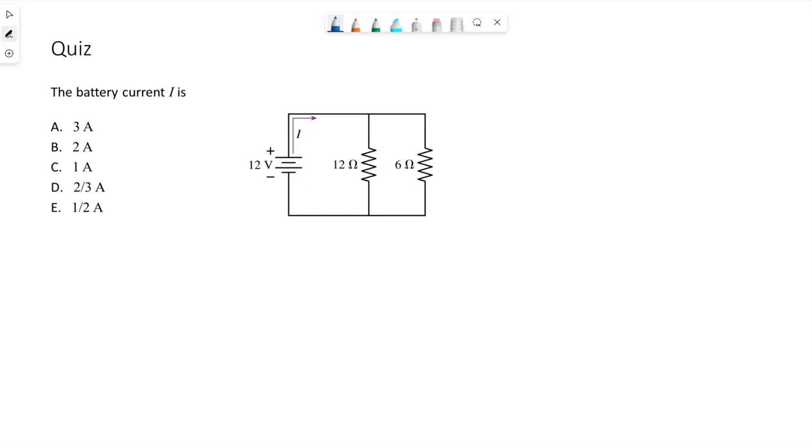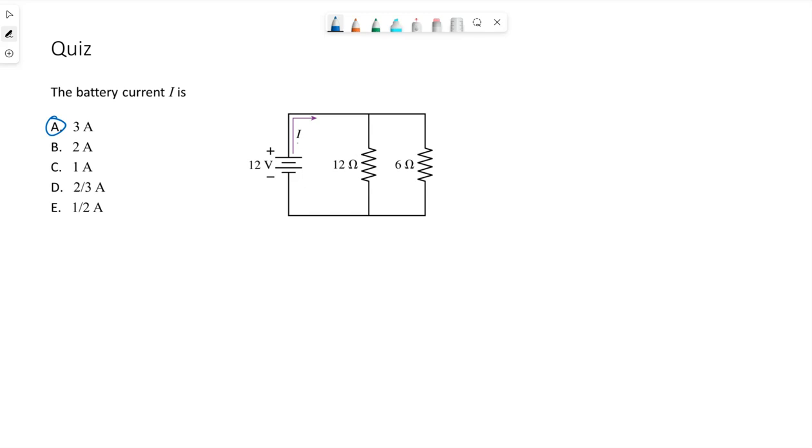The correct answer here is A. That's a lot more current than the previous example. We have the same battery voltage. We still have a 12 ohm and a 6 ohm resistor, but they're connected in parallel, where they have to have the same potential difference.